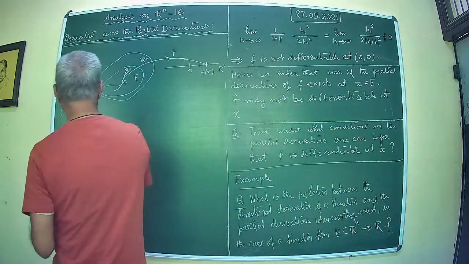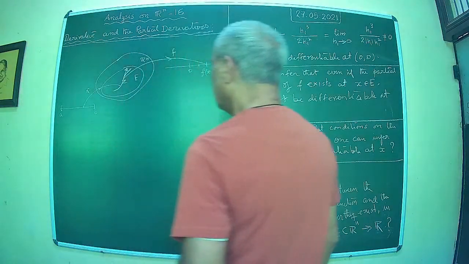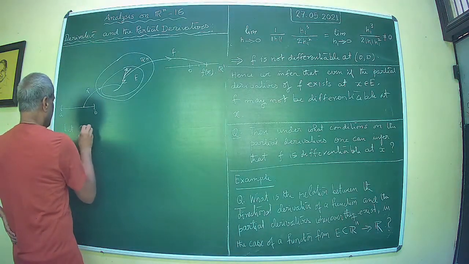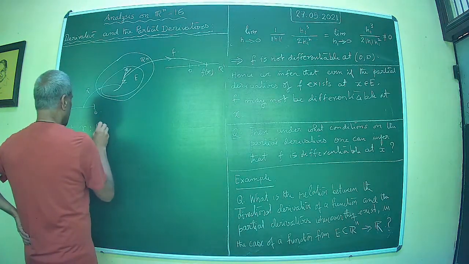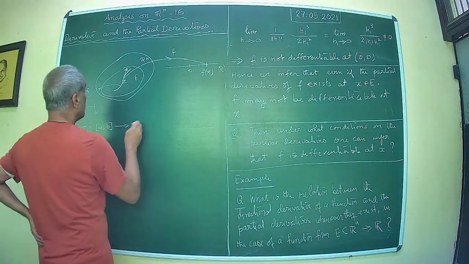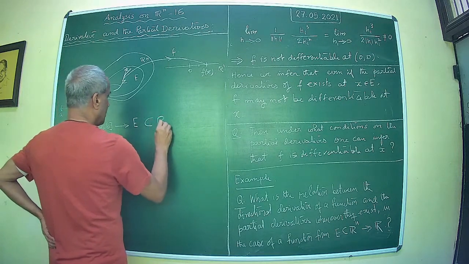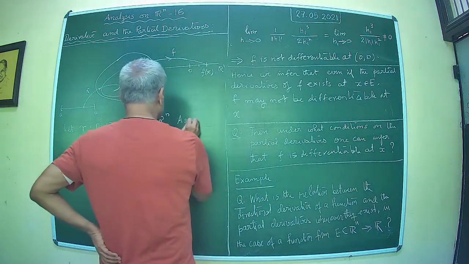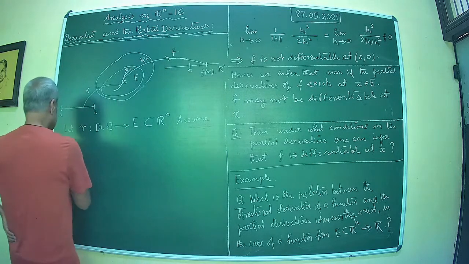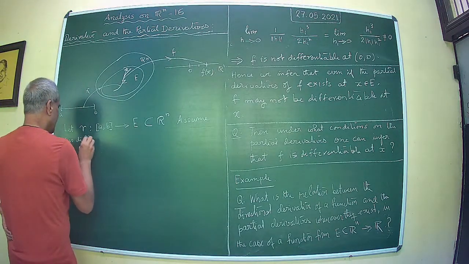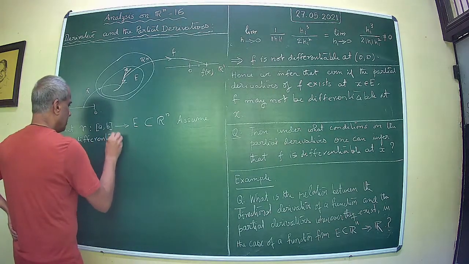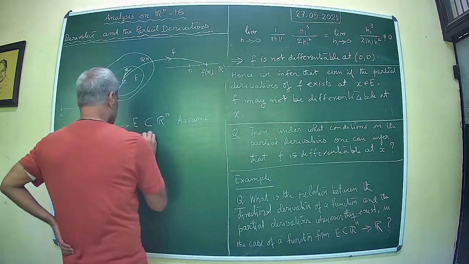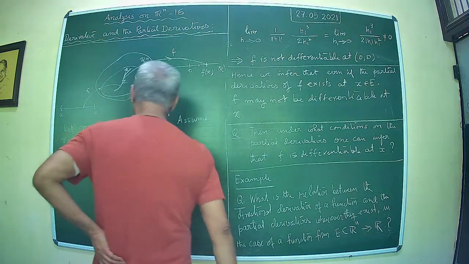We assume gamma is differentiable, so that the gamma derivative at t is defined.